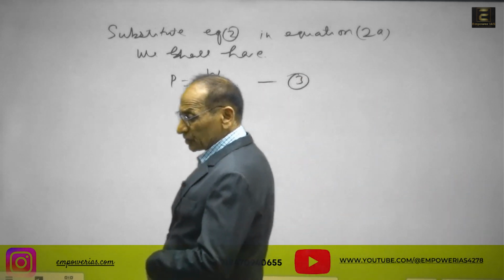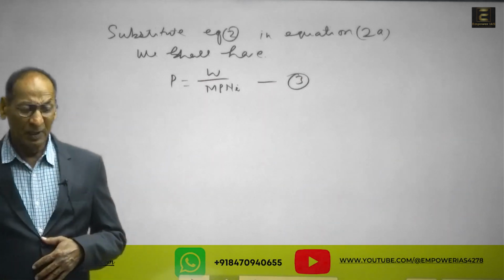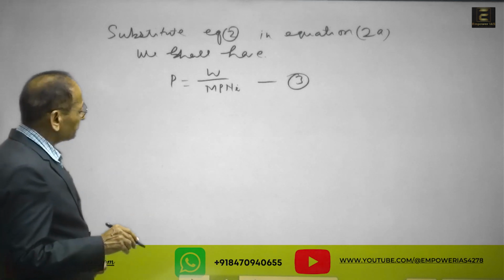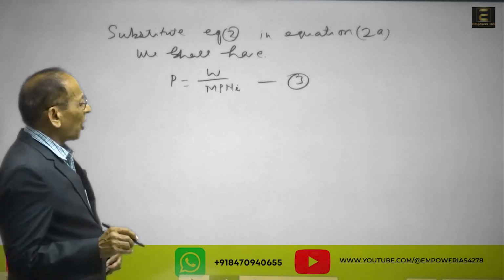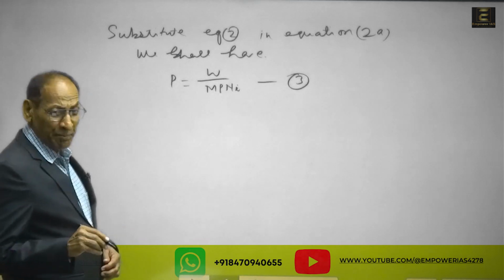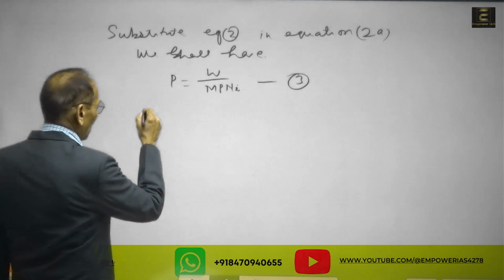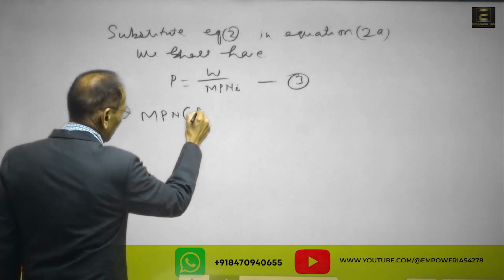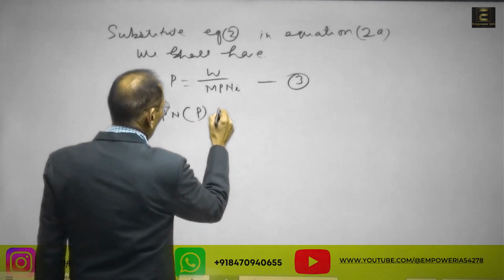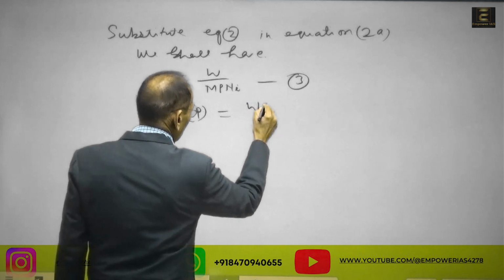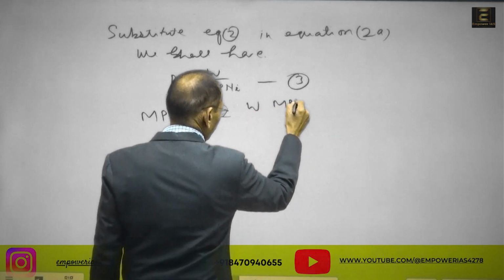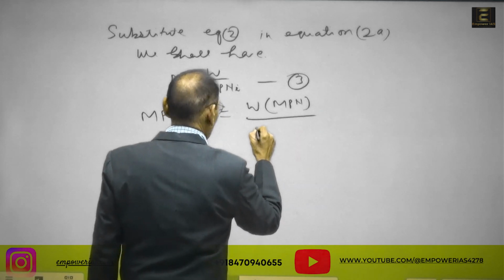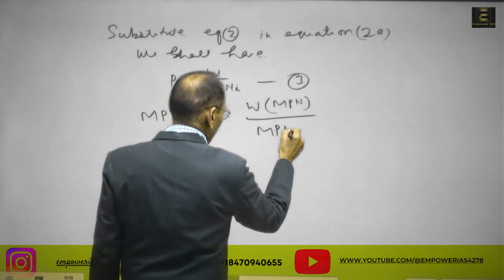Now, since we have to derive the demand curve for labor, we multiply both sides of equation 3 by MPN, that is MPN into P equal to W into MPN by MPNi.